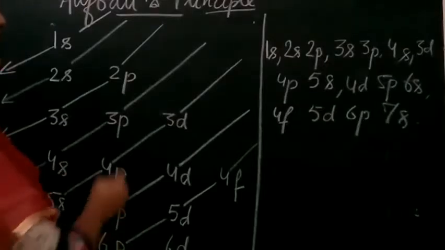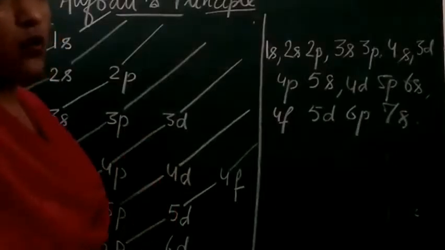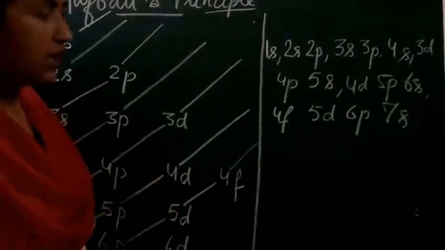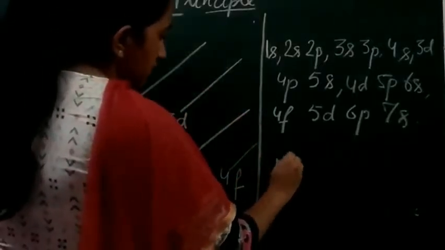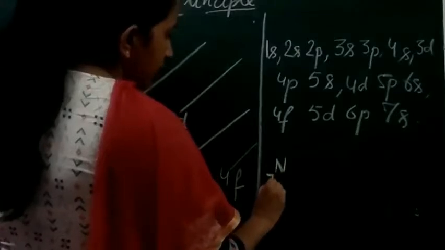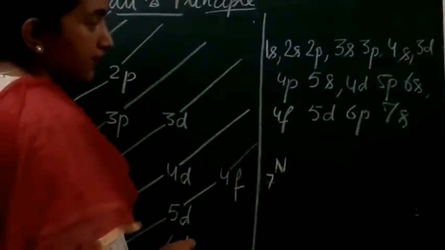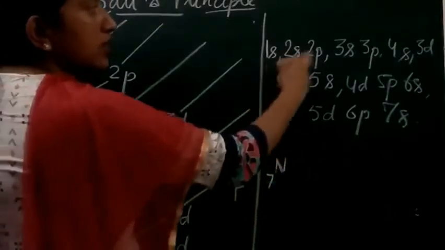Now this is the Aufbau principle, and students, you have to follow this strictly when we are writing out the electronic configuration of an atom. Now let us take a simple example, nitrogen. We know that the atomic number of nitrogen is 7. When the electrons are going to be filled up, they will follow this sequence.